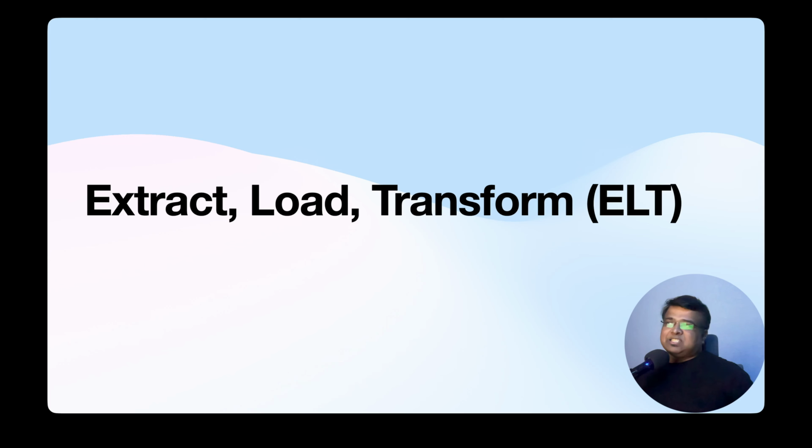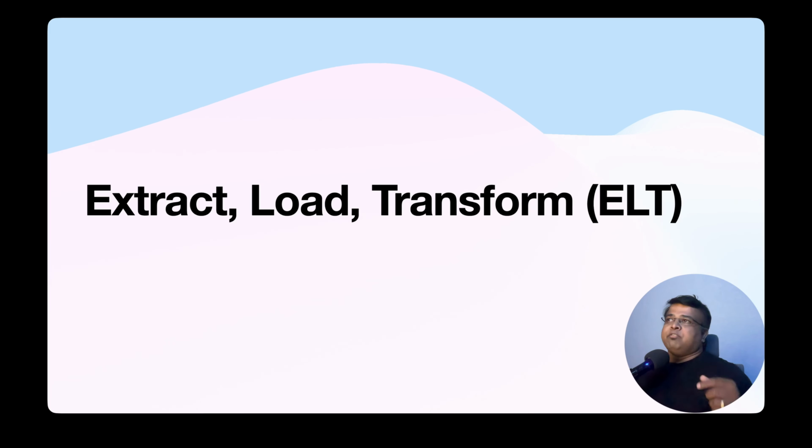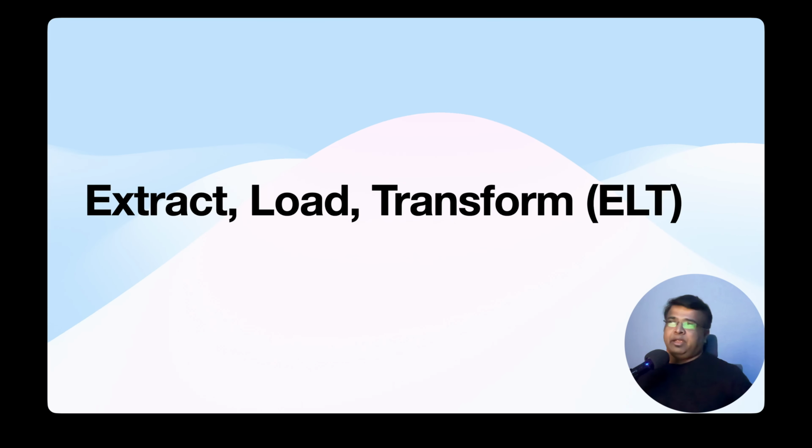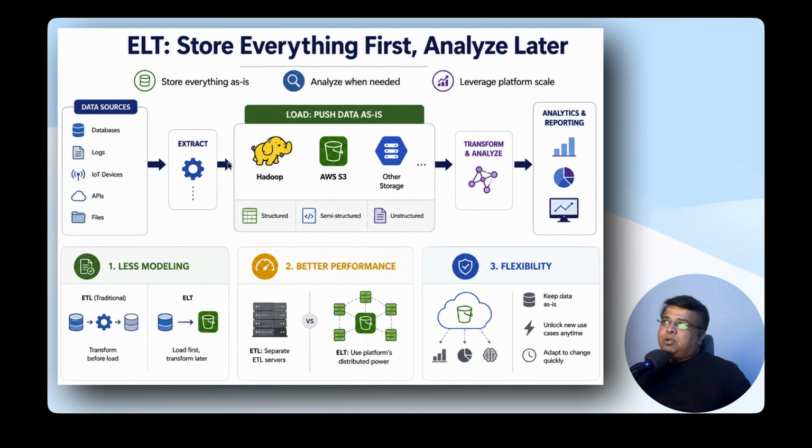With ELT, we simply flip the order. Instead of extract, transform and load, we do extract, load and transform. So rather than transforming the data before storing it, we first load the data into a large scale storage environment and worry about transformation later on when we actually need it. In an ELT environment, data is often pushed directly into platforms like Hadoop or HDFS or AWS S3 or other large-scale storage systems.